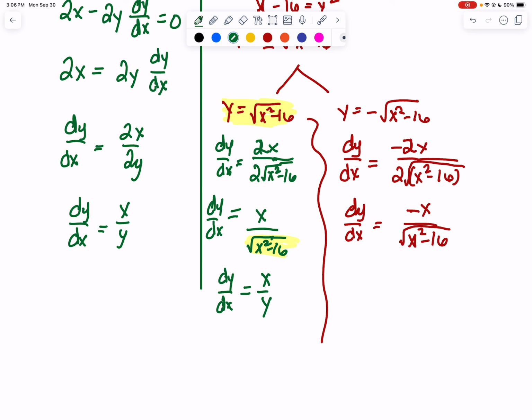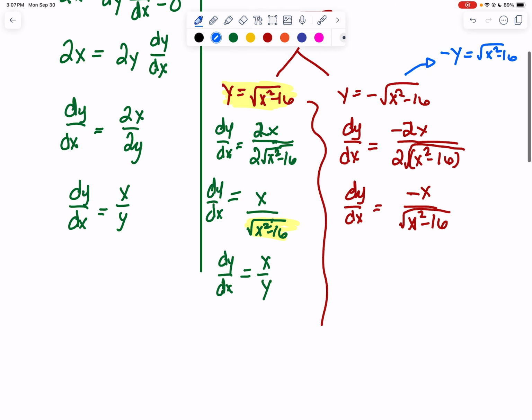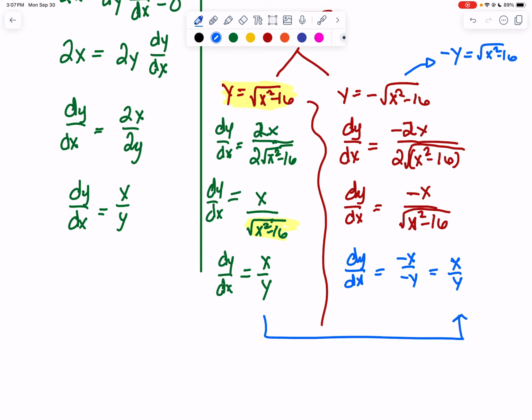Now, based off of this, we know that if I have negative y, that's going to be the same thing as the negative square root of x squared minus 16. So then if I were to replace the square root of x squared minus 16, I'm going to have negative x over negative y, which is the same thing as x over y. See how this right here is the same thing as this right here.